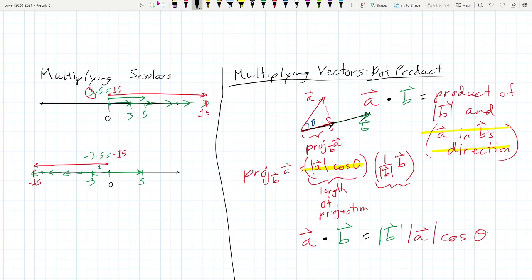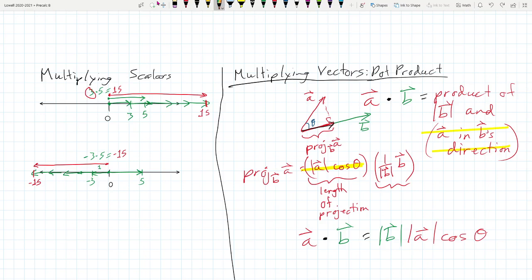You could also calculate the vice versa: B dot A, and get the magnitude of A times the portion of B pointing in A's direction. Okay, this is not really easy to explain, and I think that's why I haven't found that many videos on it. This is simply my attempt at explaining it, and I totally acknowledge that this might not make the most sense to you, but I do appreciate if you've made it this far, that you're trying.